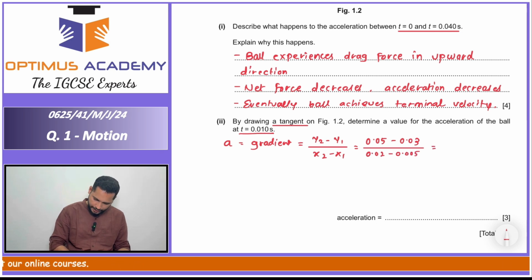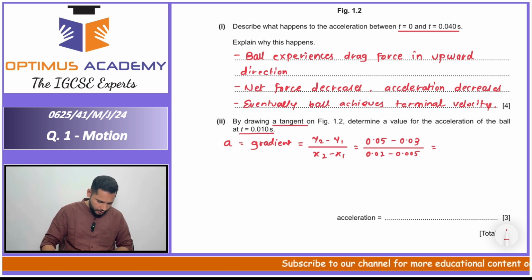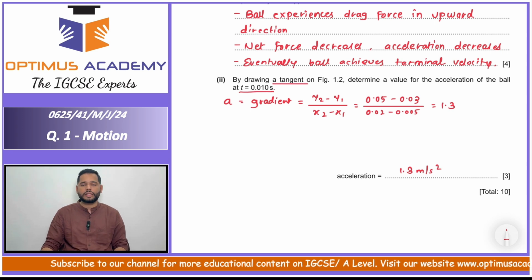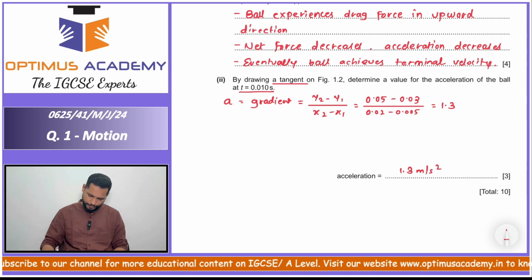So if we do this on the calculator, the answer is 1.33. So we can write it as 1.3 meter per second square. That will be the acceleration for the ball.